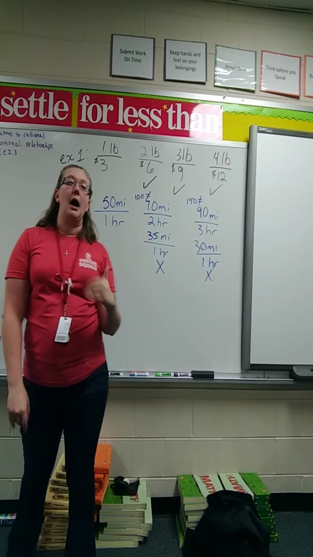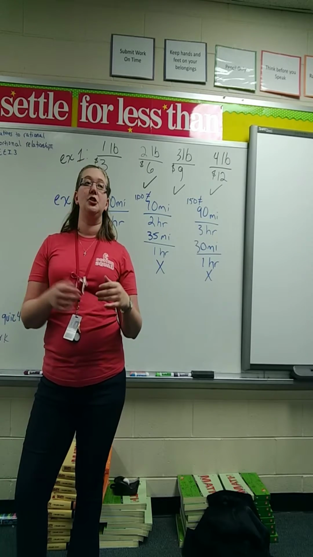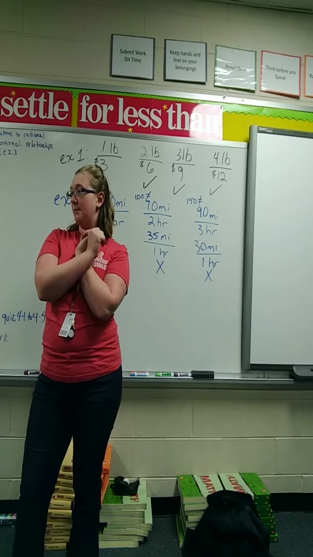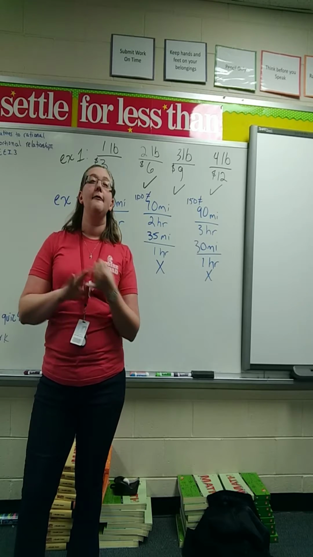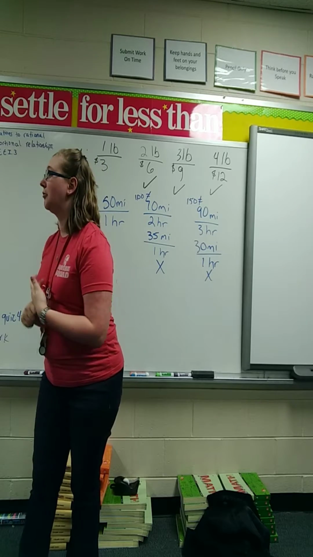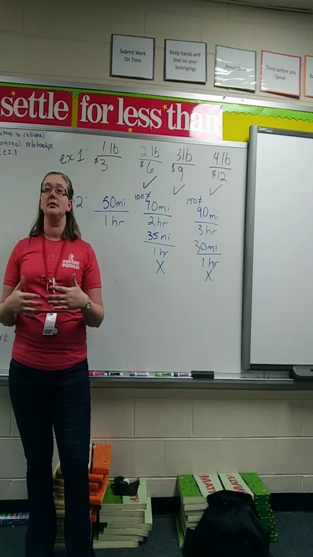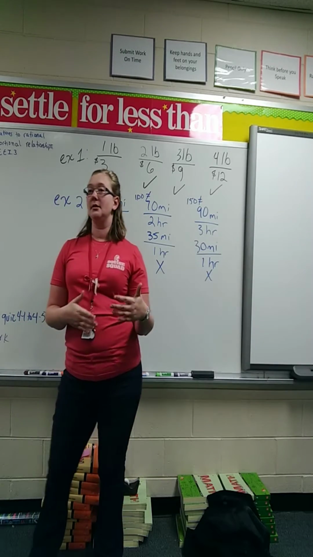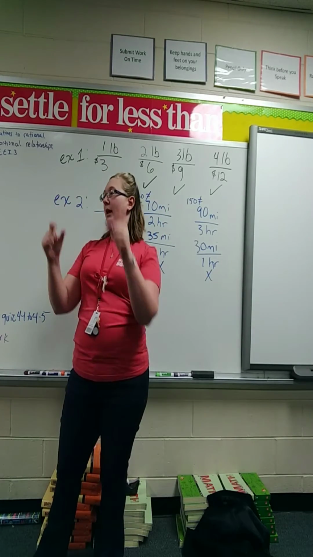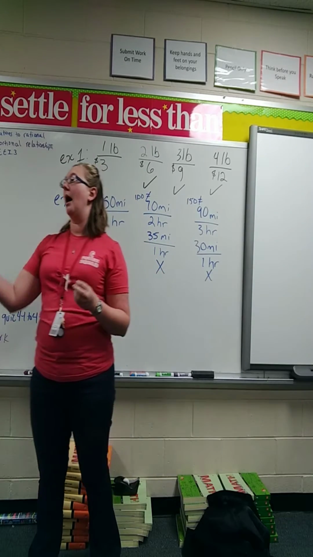What your problems will ask you to do is to tell whether it's proportional or not. They'll say, if it is proportional, what is the constant of proportionality? That means you will need to tell us what that unit rate is, and then it will say, explain your reasoning. So you'll have to tell me why.